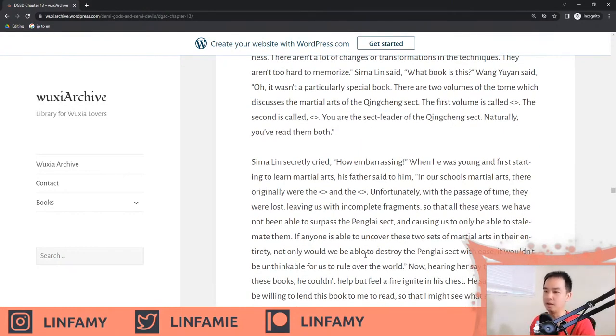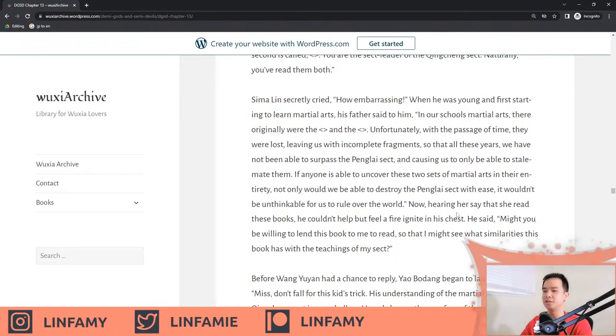Unfortunately, with the passage of time, they were lost, leaving us with incomplete fragments, so that all these years we have not been able to surpass the Peng Lai sect, and causing us to only be able to stalemate them. If anyone is able to uncover these 2 sets of martial arts in their entirety, not only would we be able to destroy the Peng Lai sect with ease, it wouldn't be unthinkable for us to rule the world."